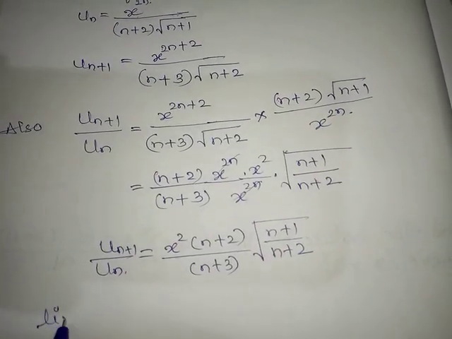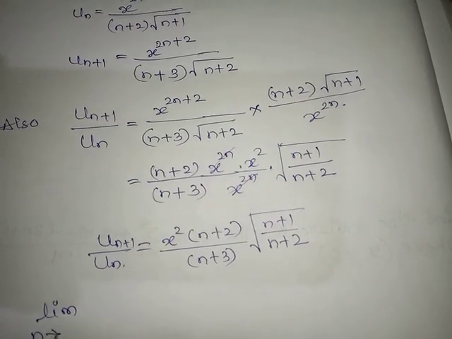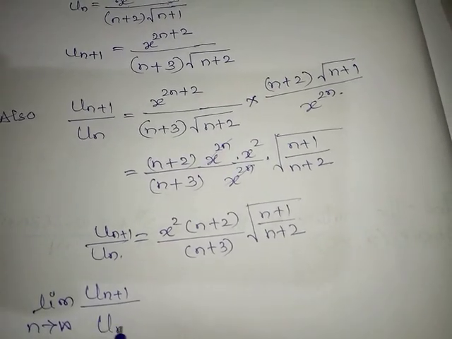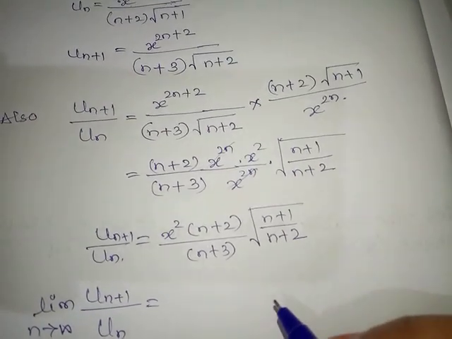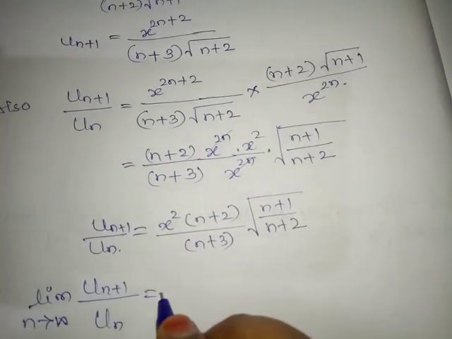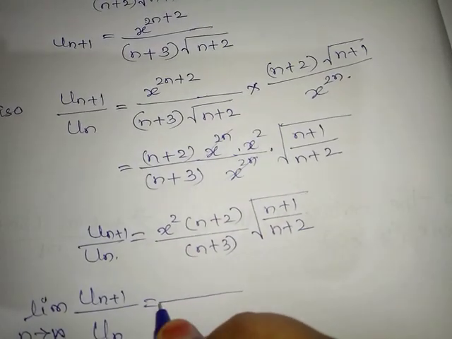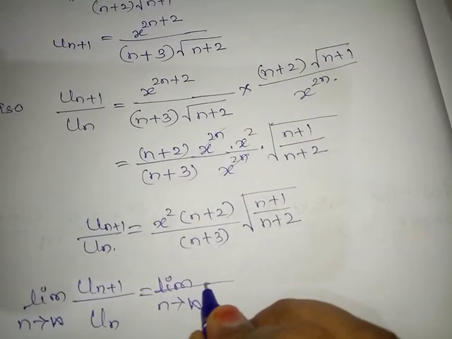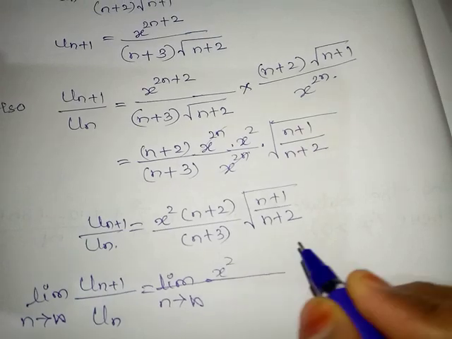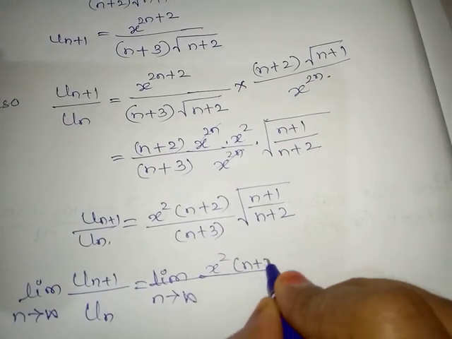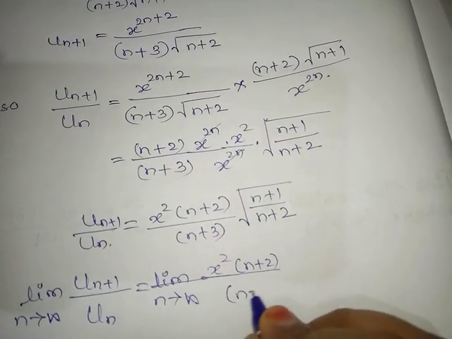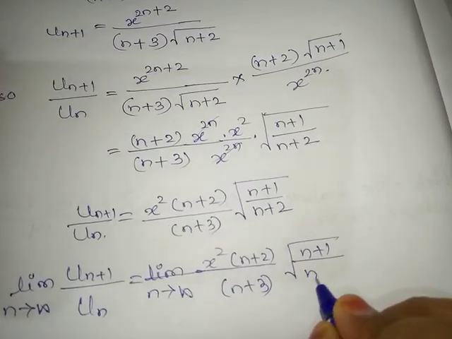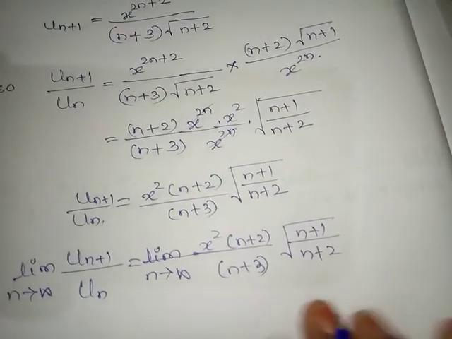Now limit n tends to infinity, un plus 1 divided by un is equal to limit n tends to infinity of x square into n plus 2 divided by n plus 3 into square root of n plus 1 divided by n plus 2.